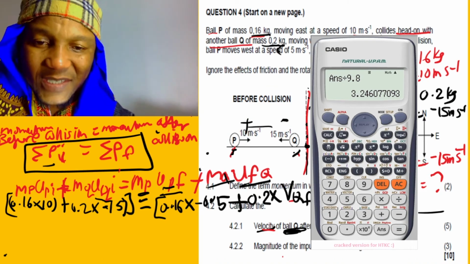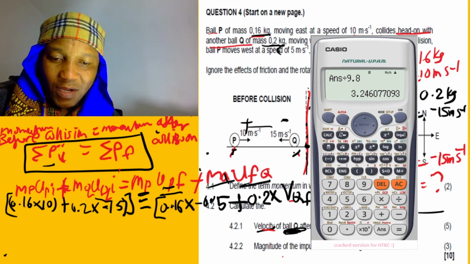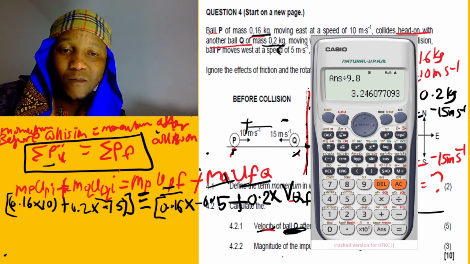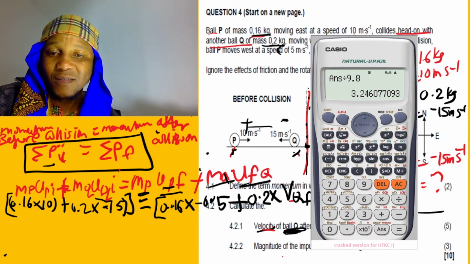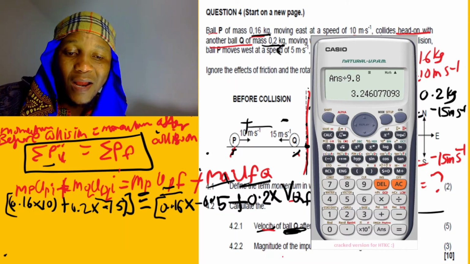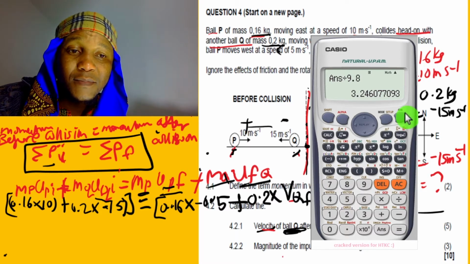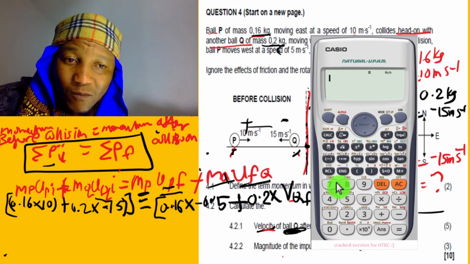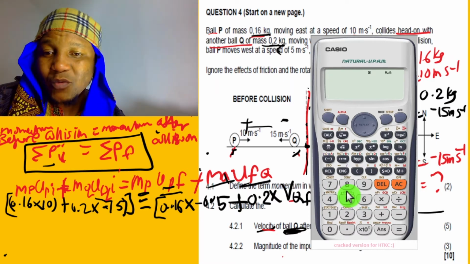So you can simply take a calculator now and plug it in. I can start with this one first. Let me clean up my calculator here. So we say bracket, 0.16 times 10.